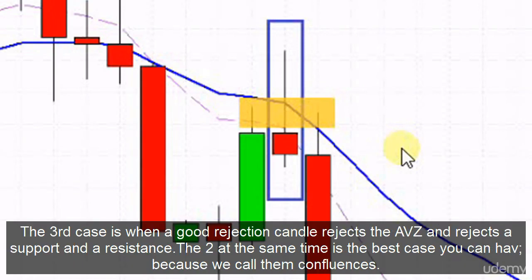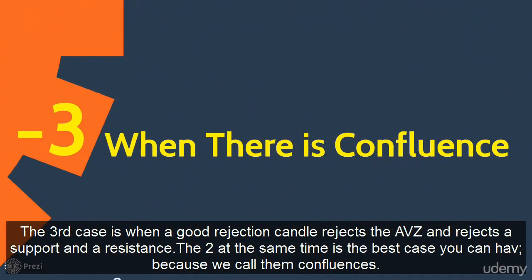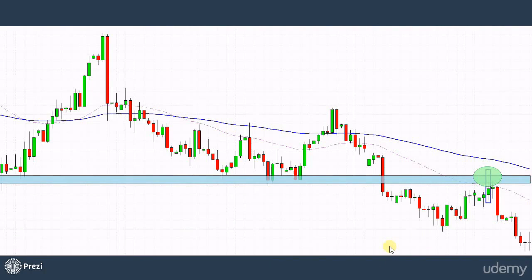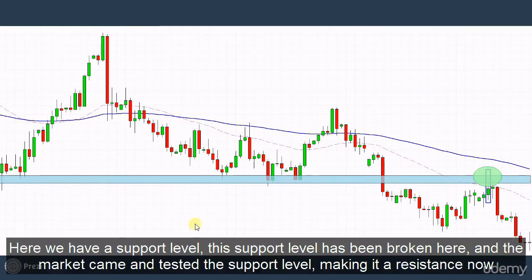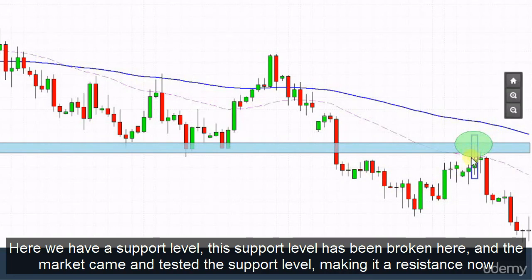The third case is when a good rejection candle rejects the AVZ and rejects a support or a resistance at the same time. This is the best case you can have because we call it confluence. Here you have a support level. This support level has been broken here and the market came and tested the support level, making it a resistance now.